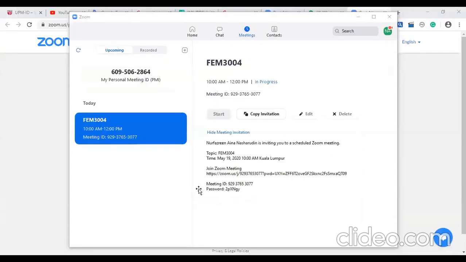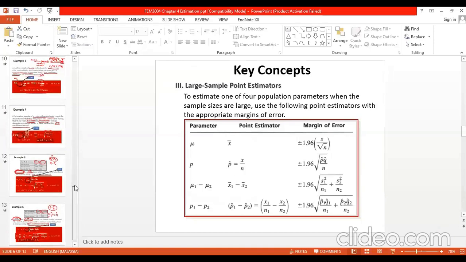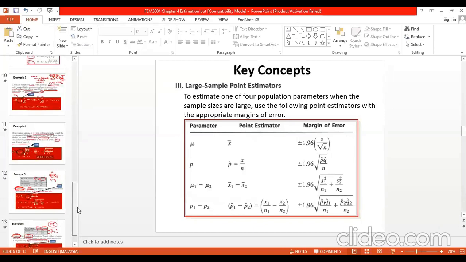All right, this is the example, and then for interval estimator.